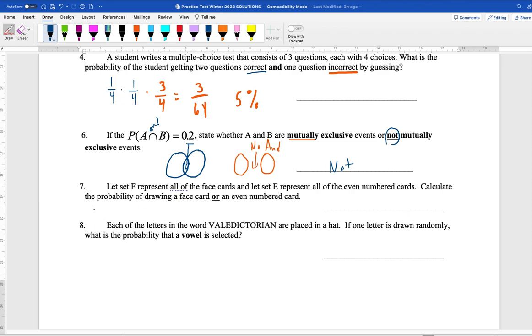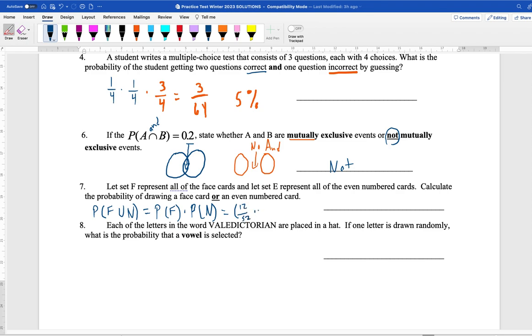Where's my formula? So probability of a face or a number equals the probability of face times the probability of a number. Okay, which equals, well, probability of a face card is 12 over 52.